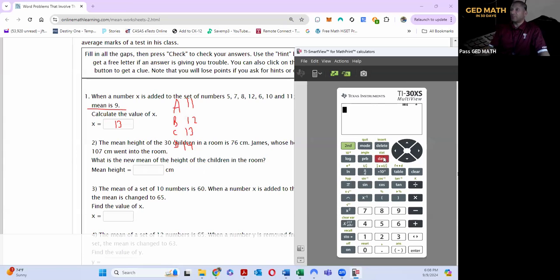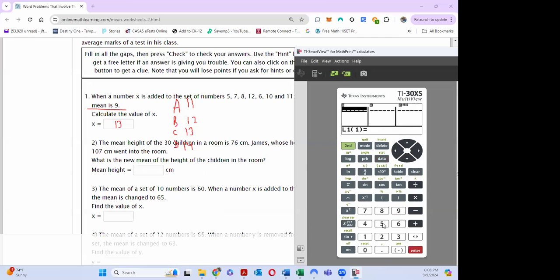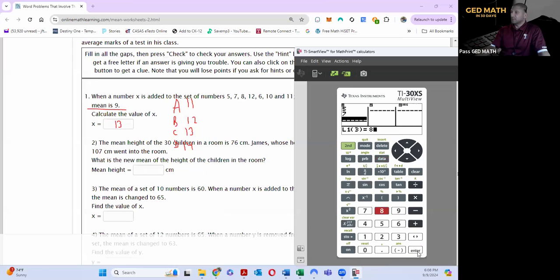What I would do is I would hit my data and I will put each of those numbers in. Let me clear everything out. And I will put them in. So 5, 7, 8, 12, 6, 10, and 11.